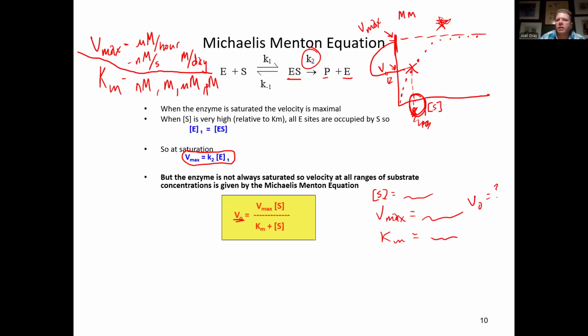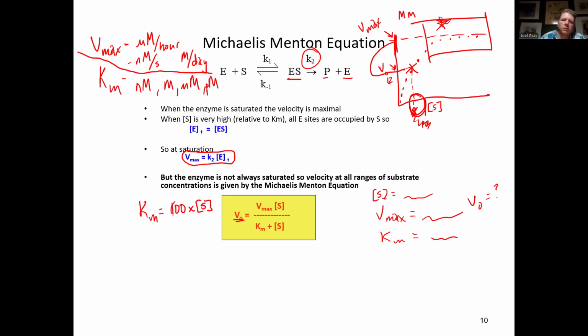Well, this equation even accounts for this range where we've saturated our enzyme with our substrate and our velocity is not going to increase. It's basically going to stay pretty much flat because it's plateaued. So if you were to take those values and come up with a V sub 0 there, what you'd notice is that even when your substrate concentration is 100 times your Km, your V sub 0 is going to be just a little bit lower than your Vmax.